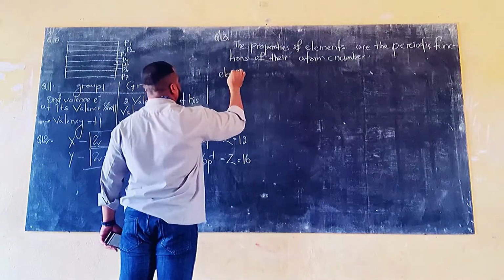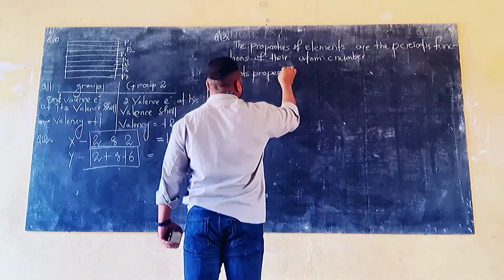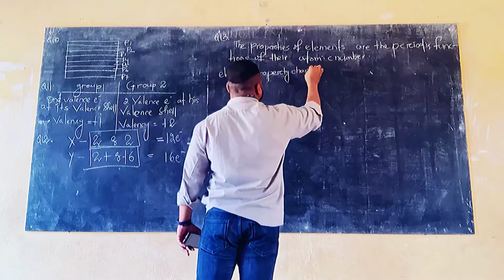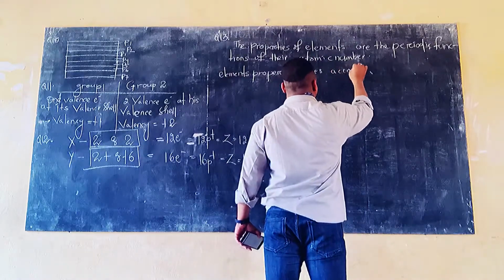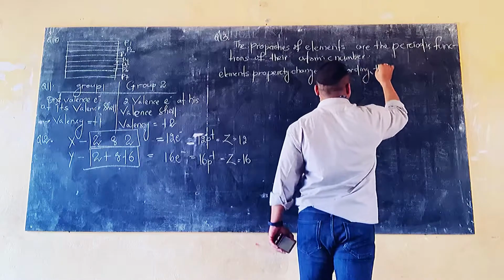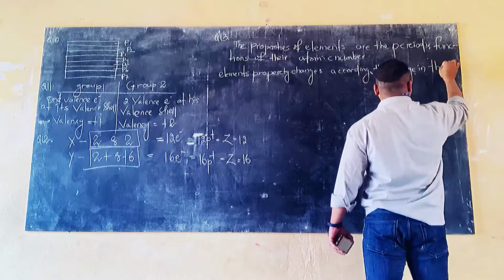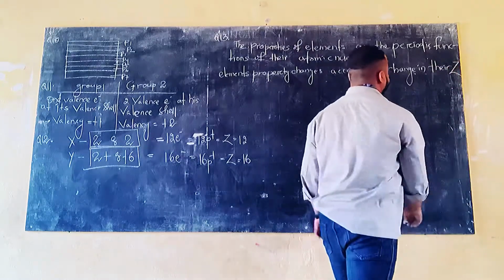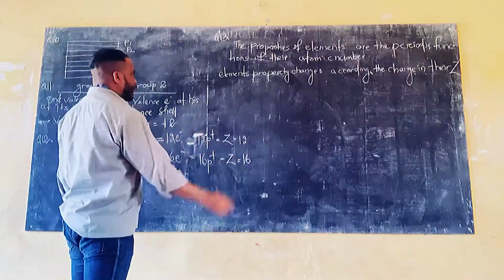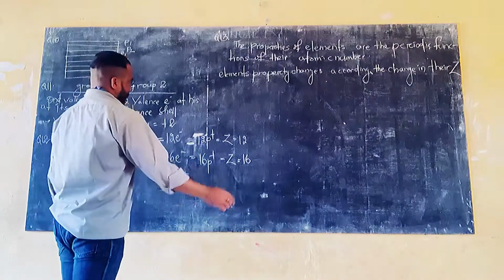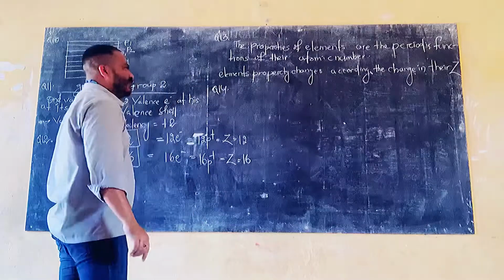It means the elements' properties change according to the change in their atomic number. If the atomic number changes, then definitely the properties of these elements will change.